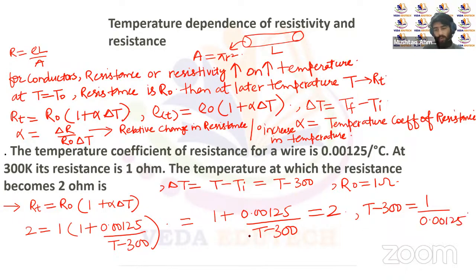So our T will be 300 plus 1 upon 0.00125.